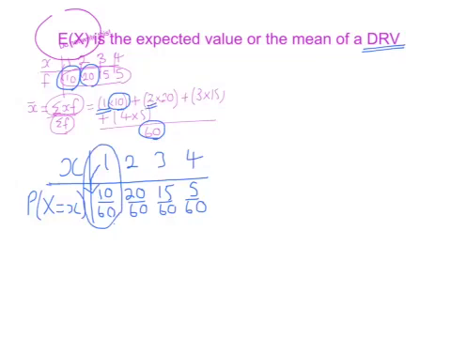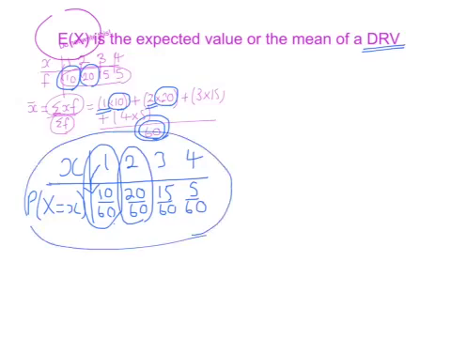If I wanted to do the 2, I times it by 20 and then I divide it by 60, which is the same as timesing those together. So in actual fact, all I need to do, if I have a probability distribution table, is to find the mean, which is known as E of x. I just need to take the x's and times them by their probabilities.